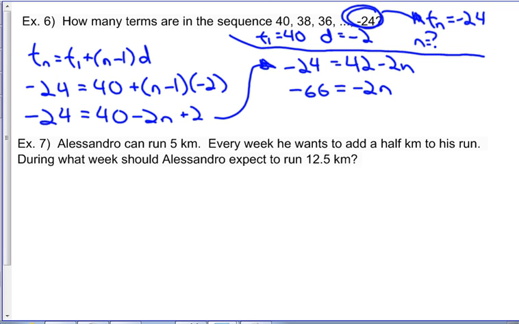And when I divide by negative 2, I'm going to get 33. There are 33 terms. Notice my n is a positive whole number. I need it to be that way. If it works out to be a negative or a decimal, then we've probably done something wrong. So n equals 33. There are 33 terms.